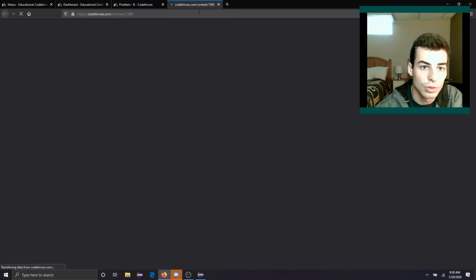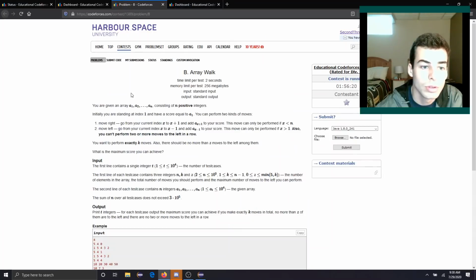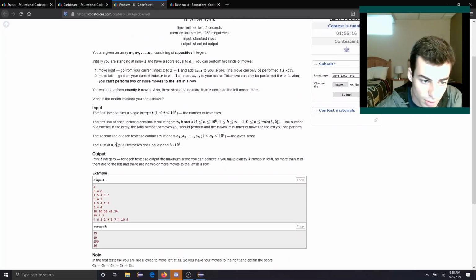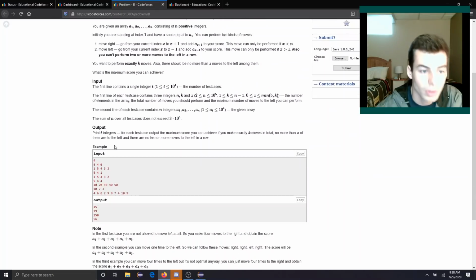I don't know that I understand the problem. For each test case, print the maximum score you can achieve if you make exactly k moves total, no more than z of them are left, and there are no more than 2 left moves in a row.